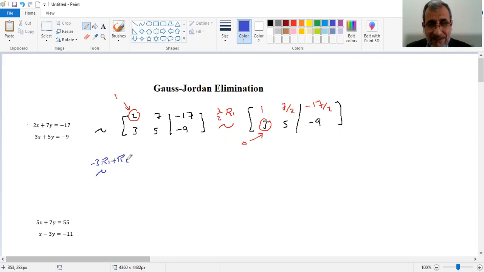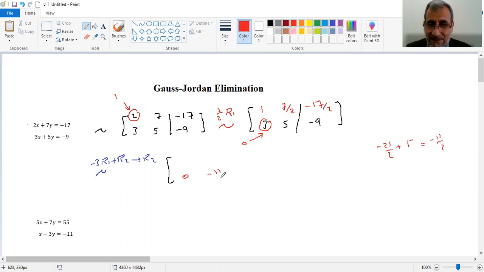So now we change row 2. Multiply row 1 by negative 3: negative 3 times 1 plus 3 is 0, because we need 0. Then negative 3 times 7 over 2 is negative 21 over 2, plus 5, so it is negative 11 over 2.